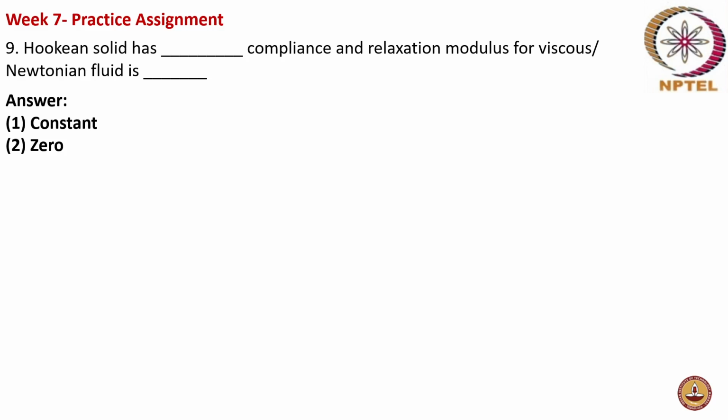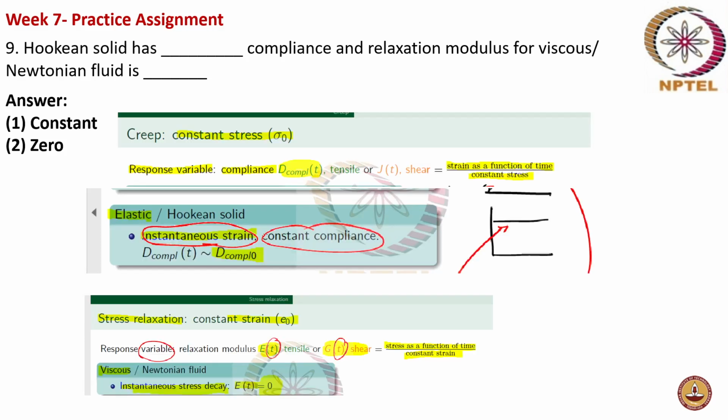Relaxation modulus you speak about when you have a constant strain, right? So, when you just strain a liquid, it instantaneously starts decaying. The stress starts decaying, right? To maintain strain, you need not maintain that same stress, right?